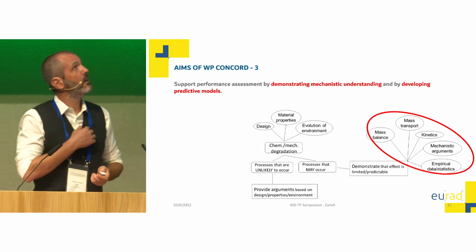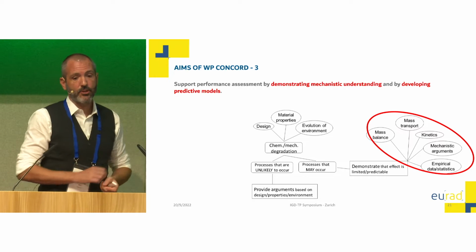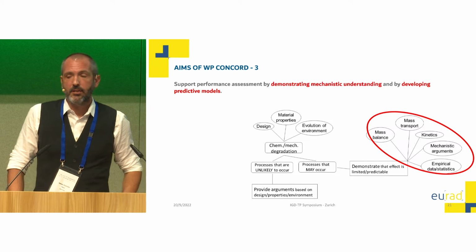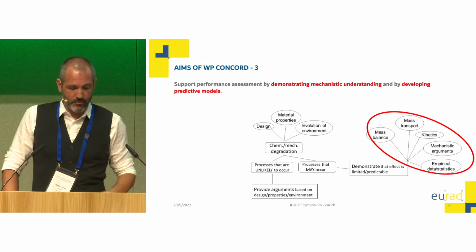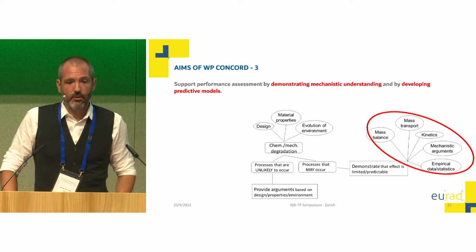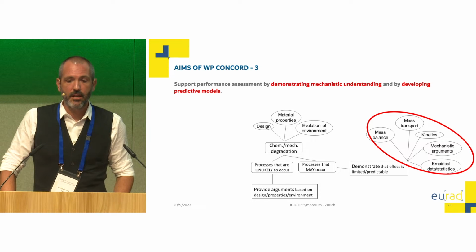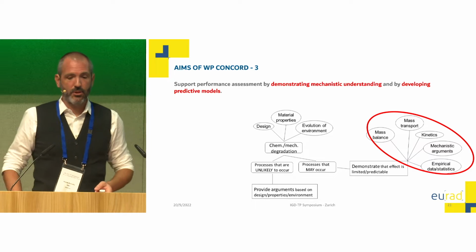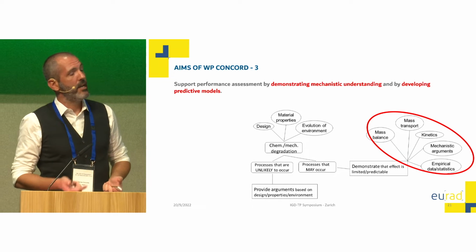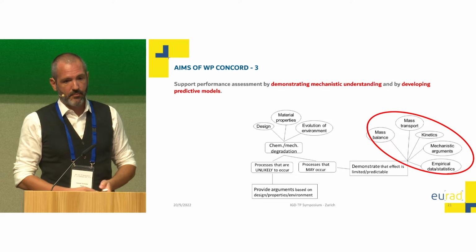The third and final area in which Concord is working is improving our tools for prediction. There's a whole task devoted to demonstrating mechanistic understanding of the degradation processes and developing predictive tools for the time scales and repository scales of interest.